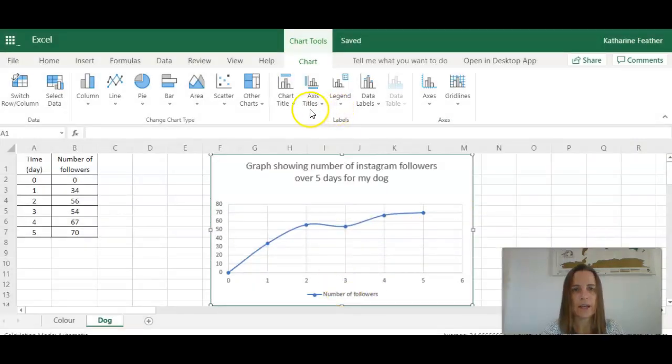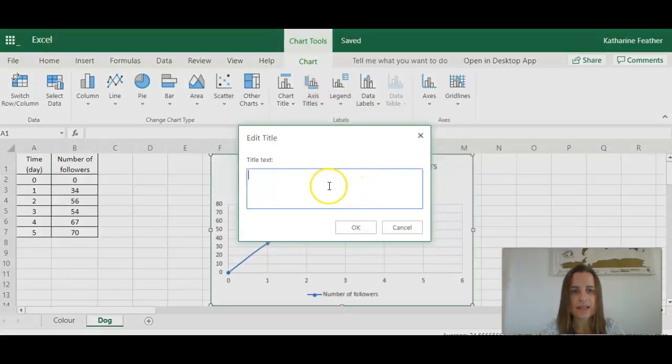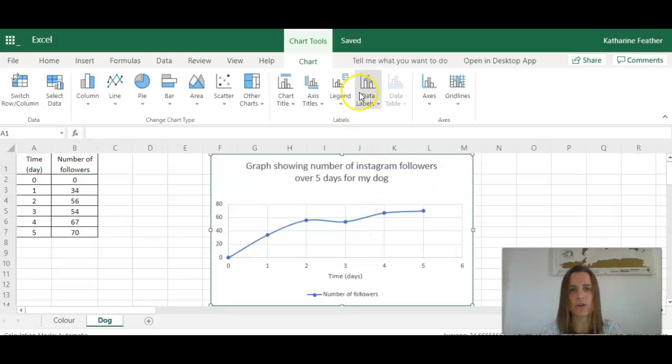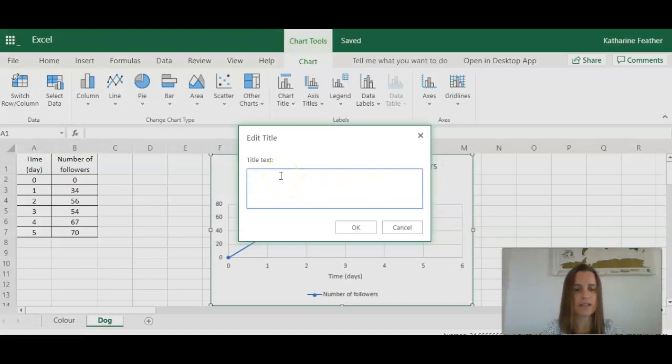Then I want to have an x-axis title, and that is going to be time. And remember, I must include my units there. Time in days, there we go. And then I want my vertical axis here, edit vertical axis, that's your y-axis, and that's going to be number of followers.